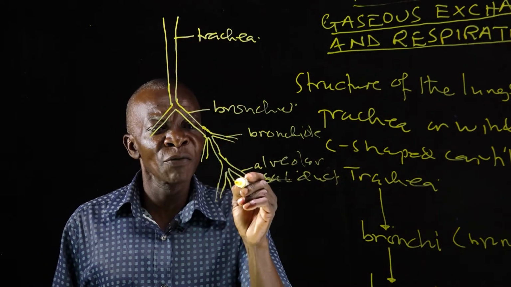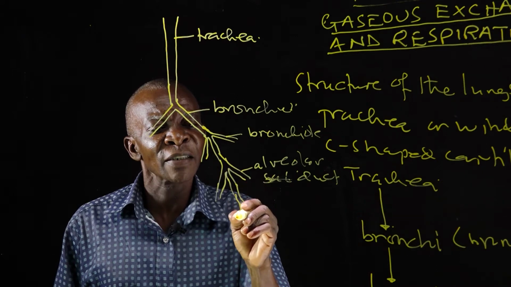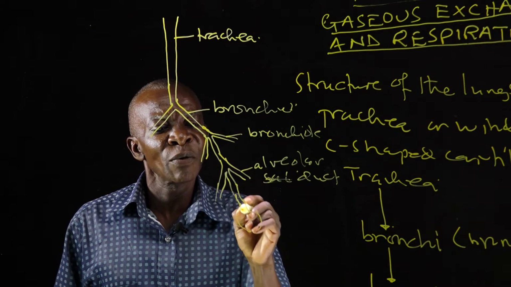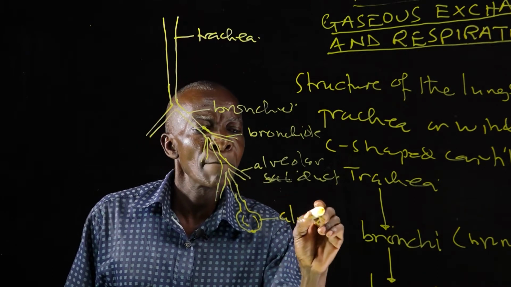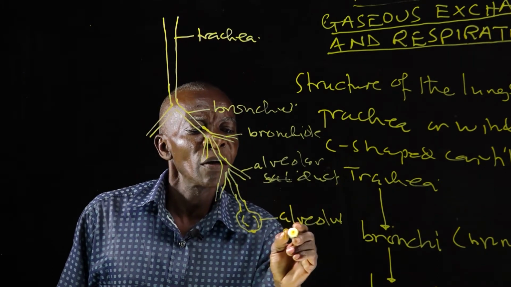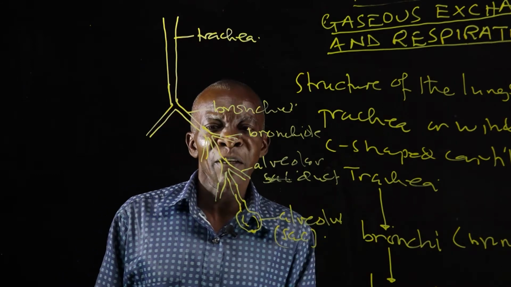At the end of this alveolar duct is where we have an alveolus, or alveolar sac.